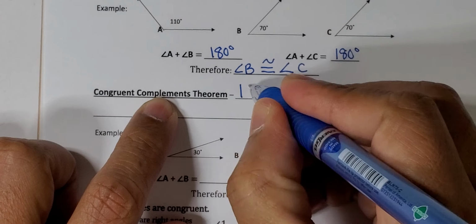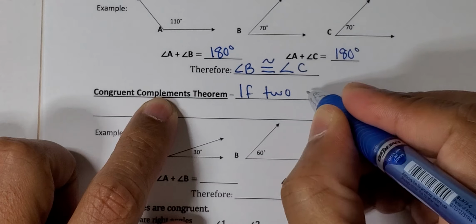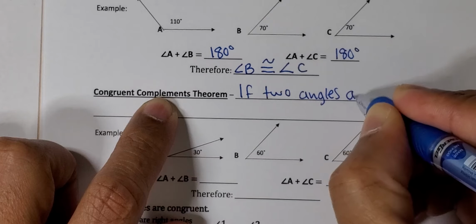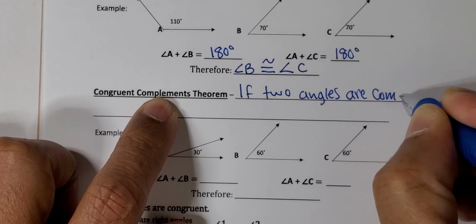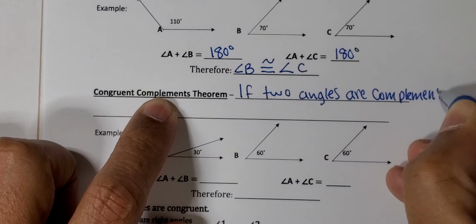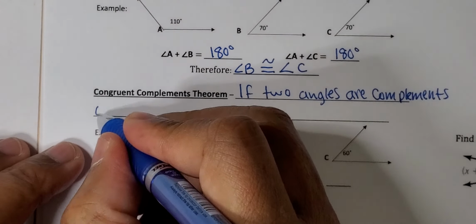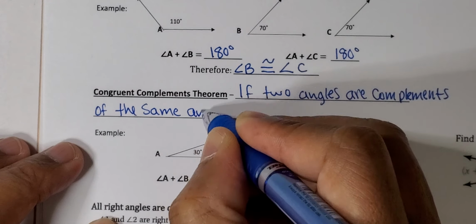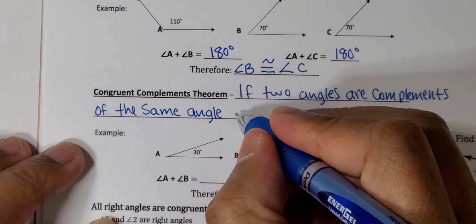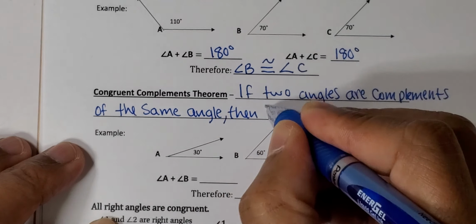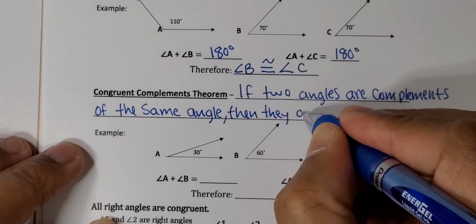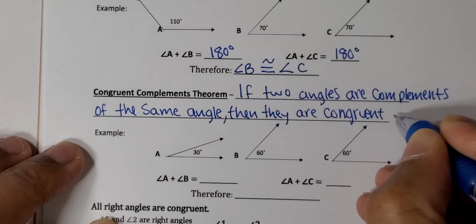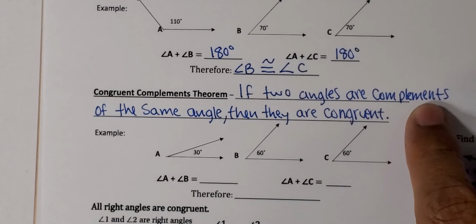This one says that if two angles are complements of the same angle, then they are congruent. So it's very similar to the previous theorem. The only difference is instead of supplements, it's complements.